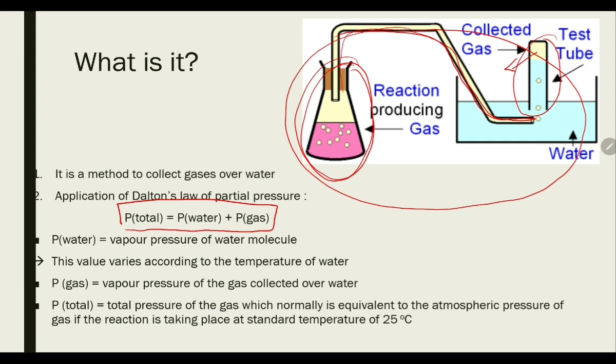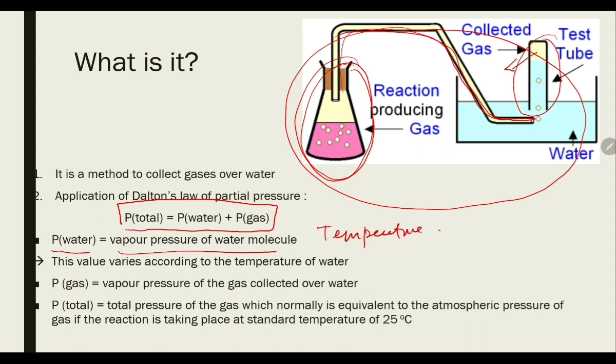Normally we only collect one kind of gas in the water displacement method. The partial pressure of water is the vapor pressure of the water molecule, which changes depending on the temperature of the water.